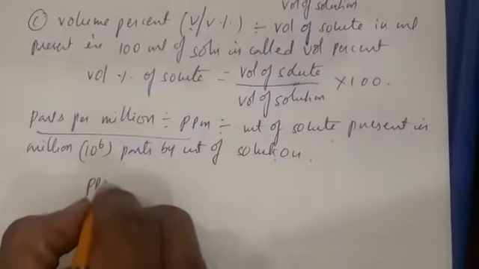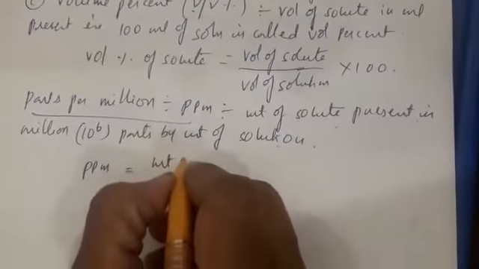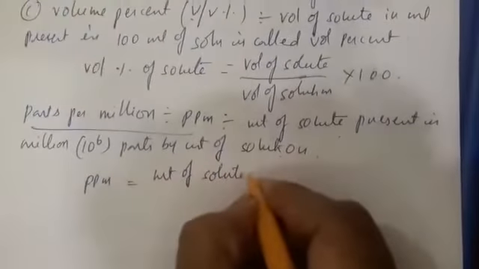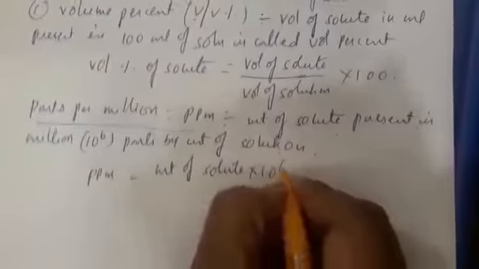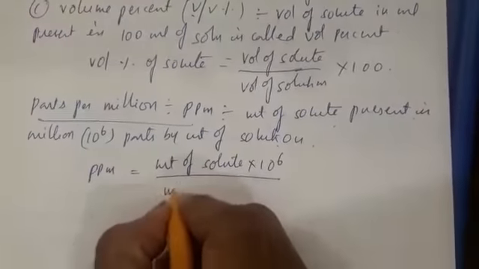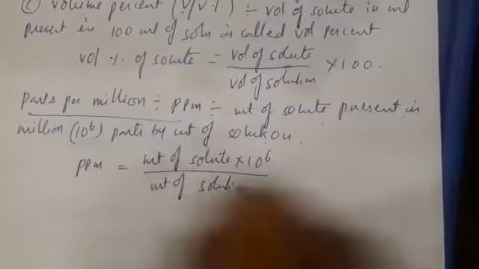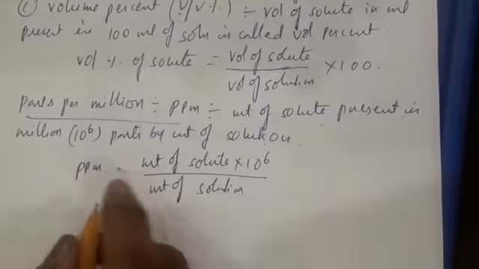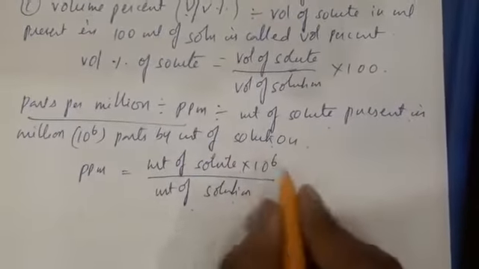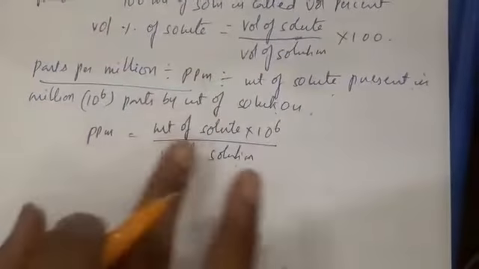So ppm is equal to weight of solute into 10 to the power of 6 by weight of solution. That is parts per million, ppm.